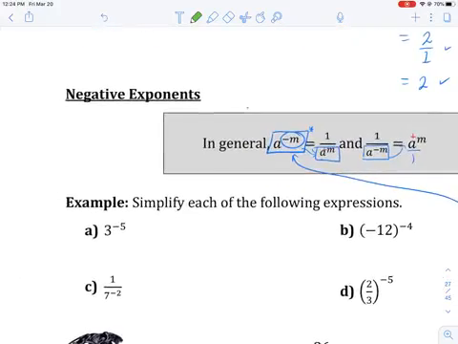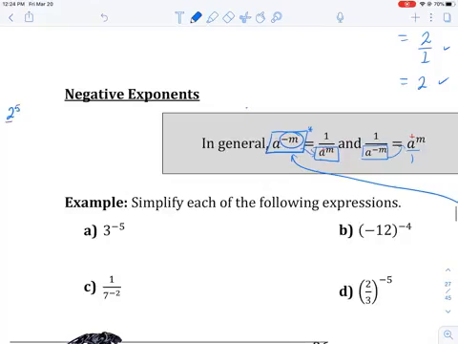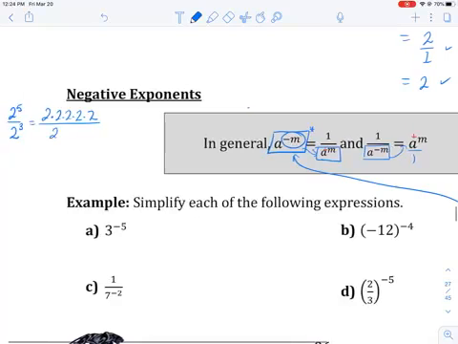Another way to look at that is using our product law and our quotient law. If we have, for example, 2 to the power of 5 divided by 2 to the power of 3, using repeated multiplication, then 3 2's in the denominator would reduce with 3 2's in the numerator, and we get 2 to the power of 2.